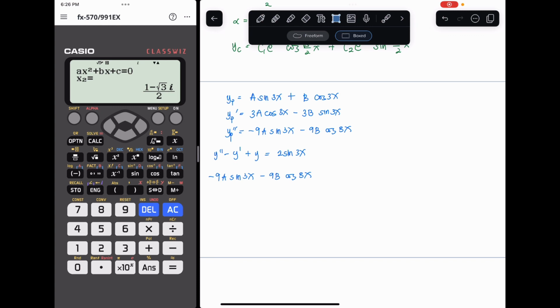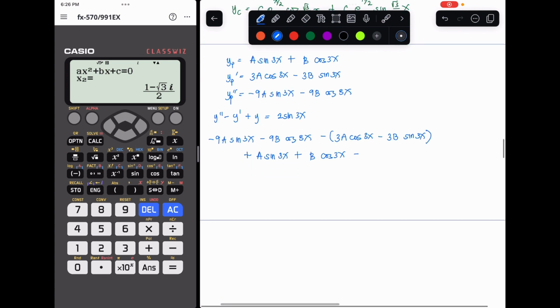And then it's minus for the y prime, so I'm just going to copy yp prime and paste it. And finally, I'll just have plus y, so copy. And that will make it equal to 2 sine 3x.